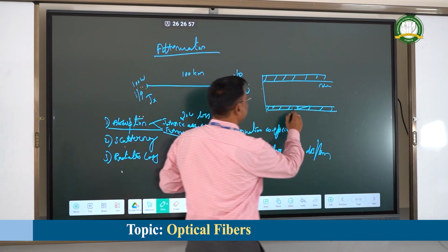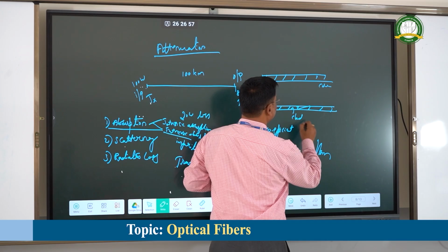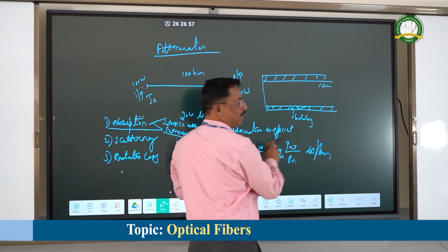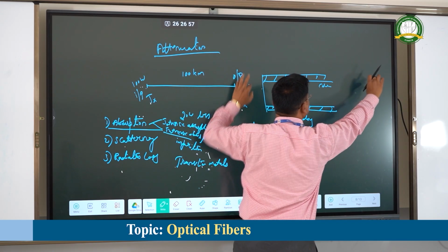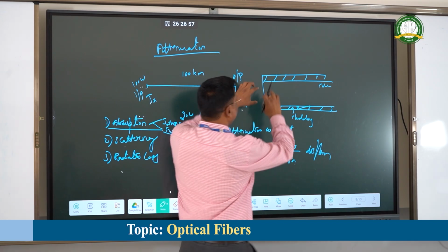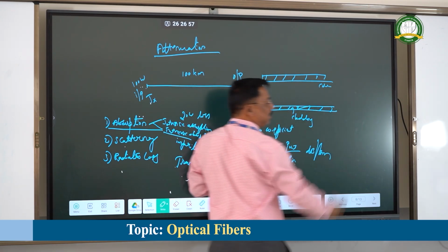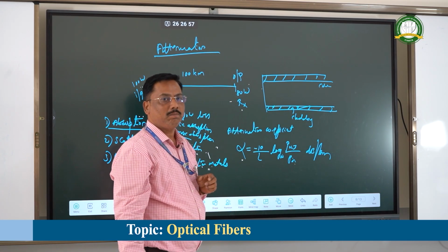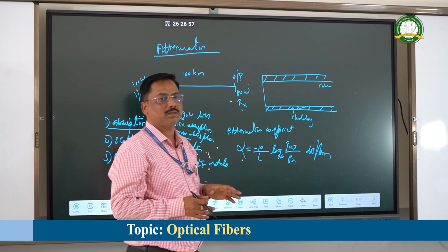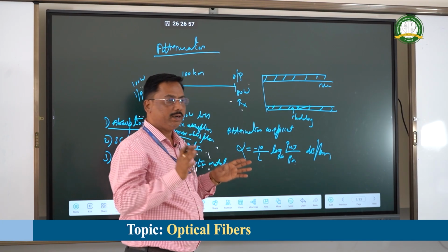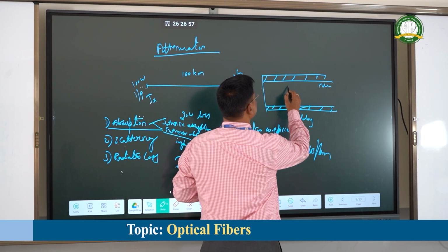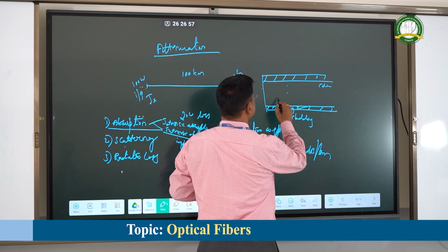In the cladding also, the density of the particles should be constant throughout the optical fiber. But during fabrication, it will not happen. Small density variations will take place.